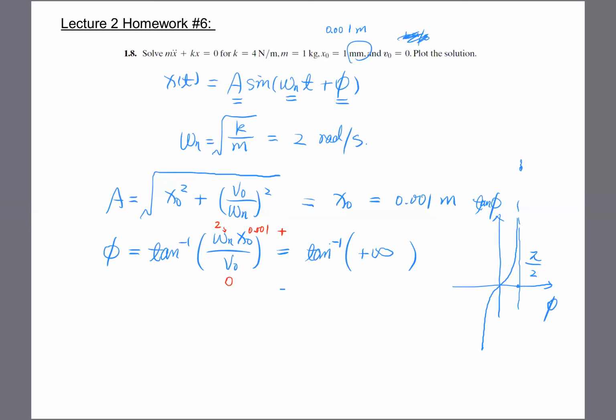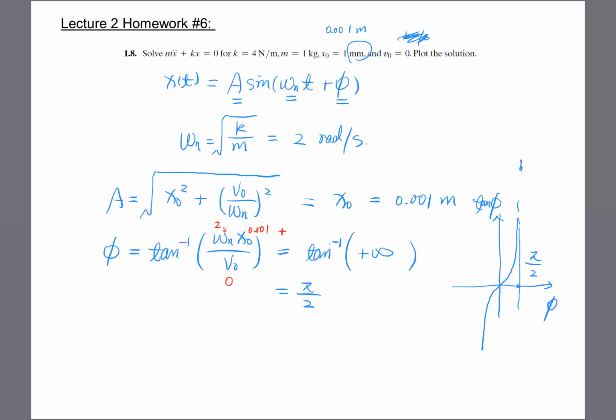So this should give you half pi. If you have a calculator or MATLAB, that can help you calculate this number. Without those calculators, you can just find this half pi from the function plot. So we know phi, we know A, we know the initial condition, then we know the plot. It's super easy because we just need to follow the equation.